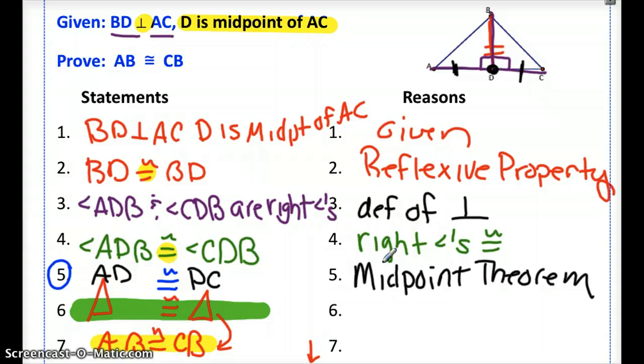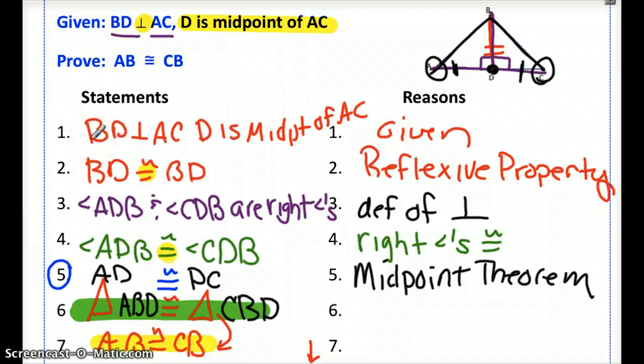So now I have 3 parts marked congruent in my triangle. So now my triangle A, B as in boy, D. When I name my second triangle, I need to match my corresponding parts. I started with A, so I must start with C. I went up the hypotenuse, so I must go out the hypotenuse to B, and then over to D. And we've done that, matching those corresponding parts before, so hopefully you're familiar with that.